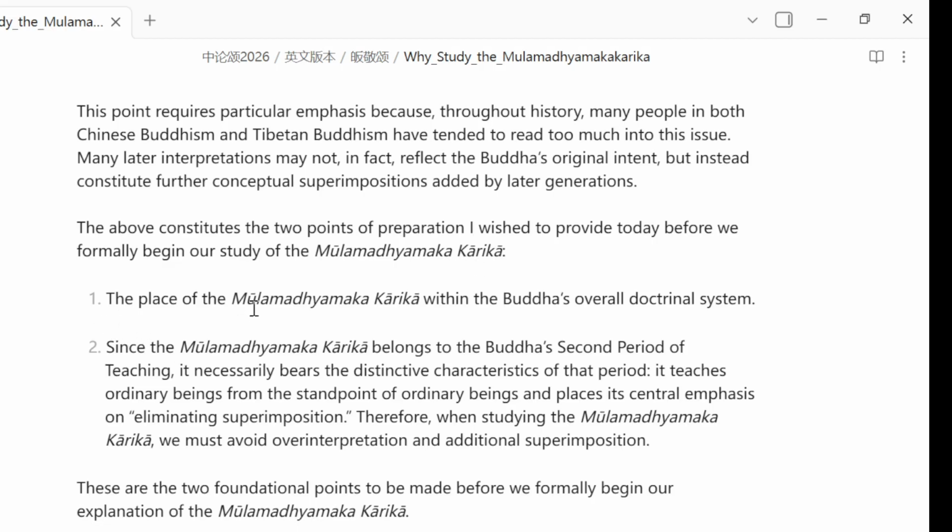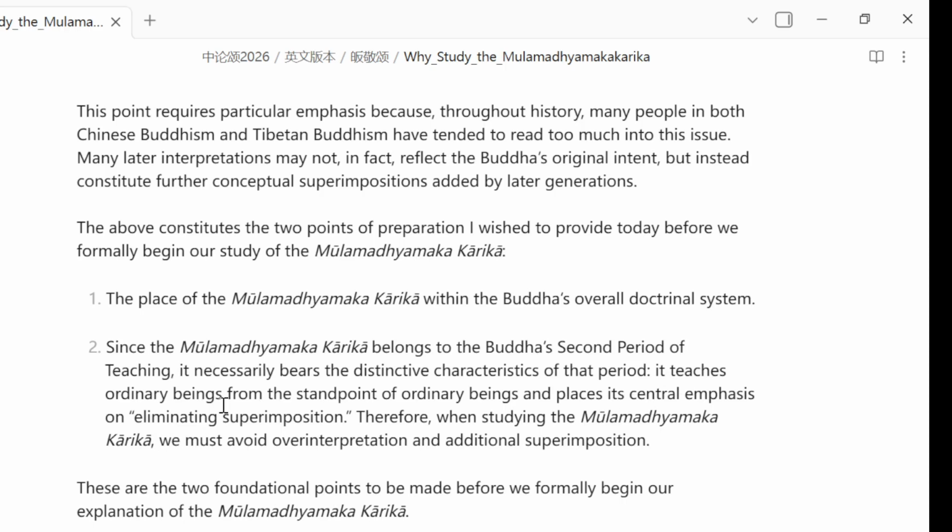The place of the Mula Madhyamaka Karika within the Buddha's overall doctrinal system: since it belongs to the Buddha's second pillar of teaching, it necessarily bears the distinctive characteristic of that period.